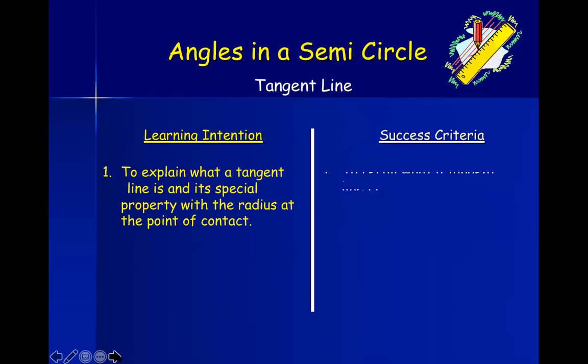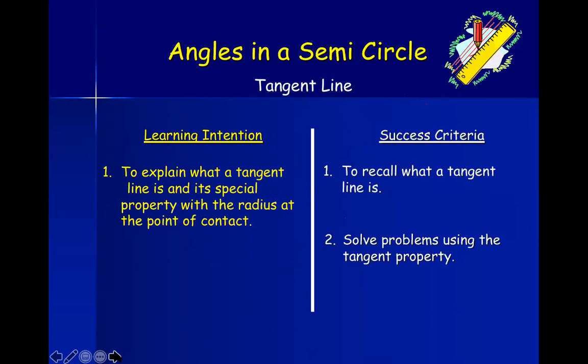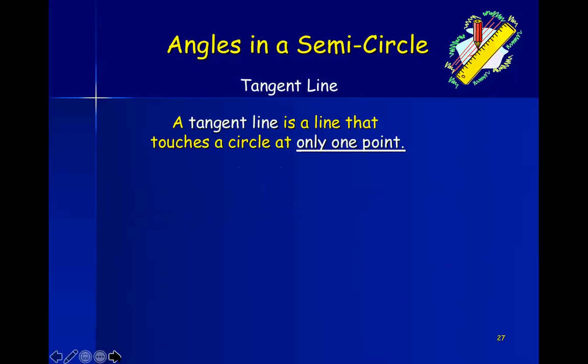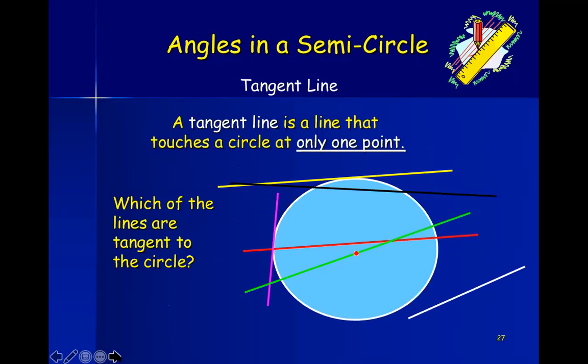So the last thing we're going to look into when we come to circles is what we call a tangent line to the circle. And I think have we done kite before? No, not yet. So a tangent line is a line that touches a circle at only one point.